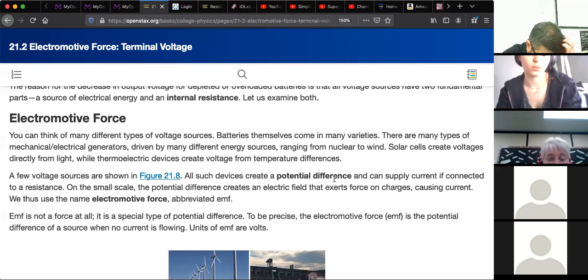It's not necessarily the voltage that a battery has, because when you connect a battery to something, the chemical nature of the battery limits the amount of current it can provide. And the actual current that it cranks out changes the voltage across the battery. So batteries are very changeable things.